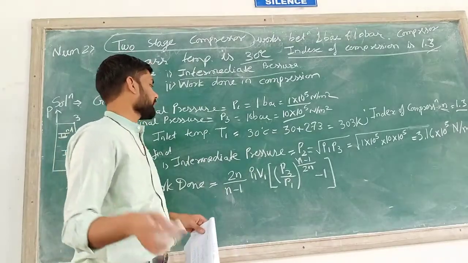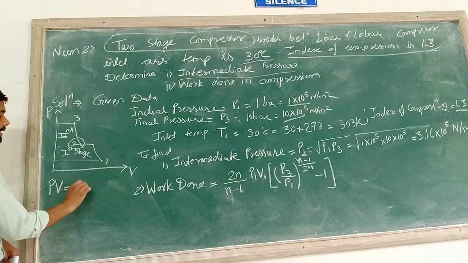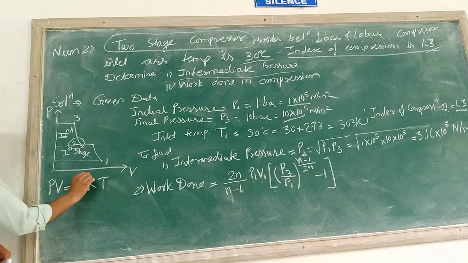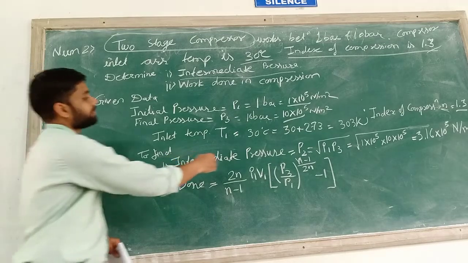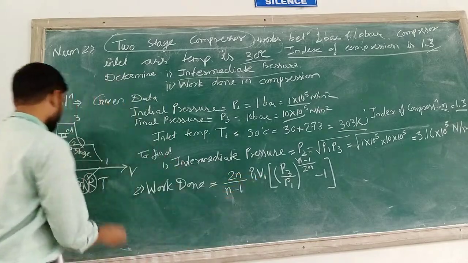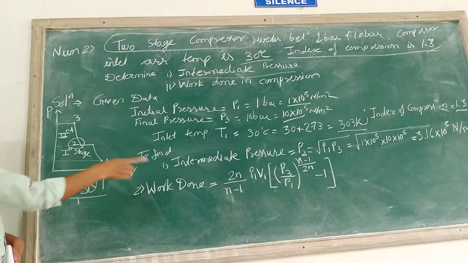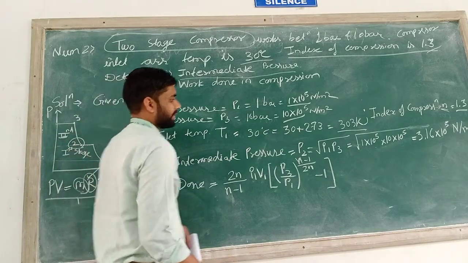We are going to use the relation PV equals mRT, because we know the value of R, the gas constant, and the value of temperature is given in the numerical. So we can solve this numerical.